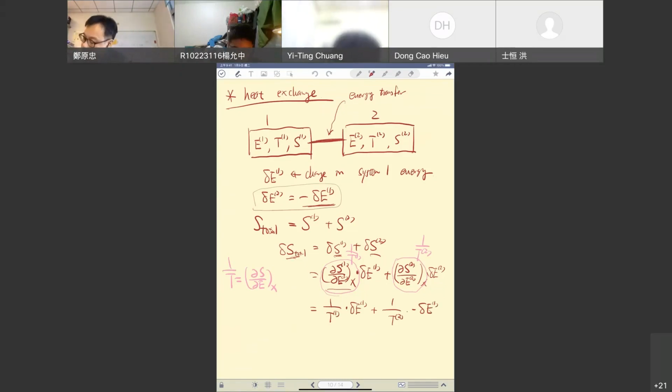And this minus sign will come here. And we know that the maximum entropy principle tells us that this first order change has to be smaller than or equal to 0. The equal sign means it's in equilibrium.